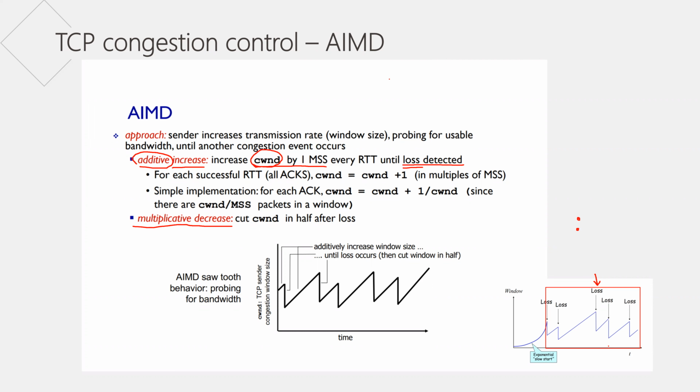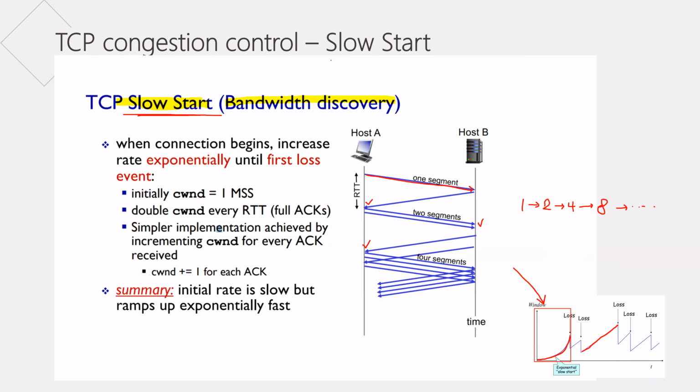So in here, we know what is AIMD and slow start. So we need to use a way to combine them together, because these two strategies have their own advantages and disadvantages. Let's have a look at slow start again.